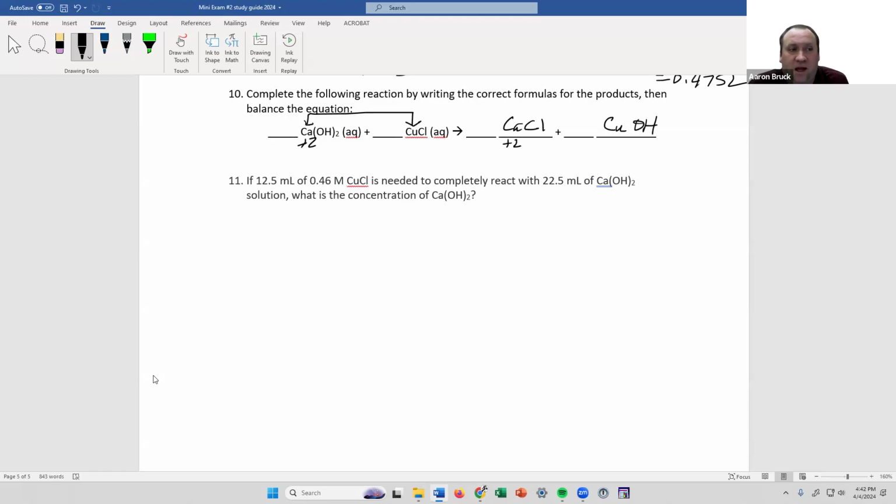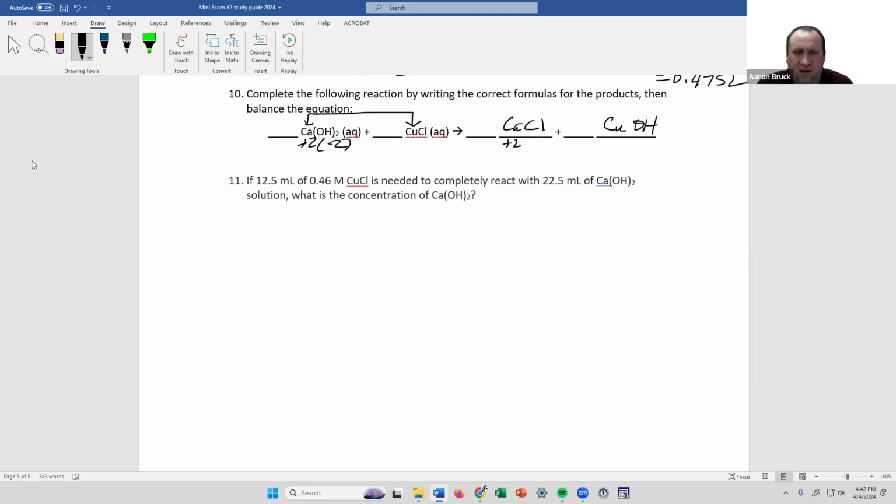Hydroxide's a polyatomic ion. If you memorized it during our look at nomenclature, you know that it's -1 in charge. But if you didn't, you can still figure out that it's -1 in charge because I know that in total, it has to be -2 in charge, right?